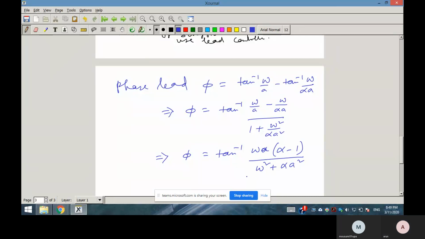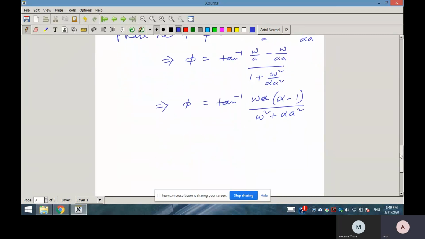Or you can also write this as phi equal to tan inverse of (alpha minus 1) divided by (omega by a plus alpha a by omega). It is not W, actually omega.